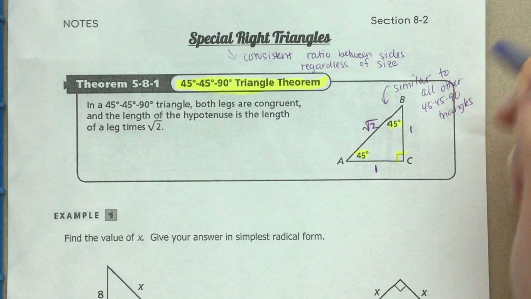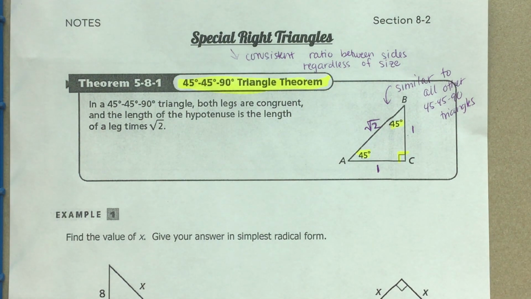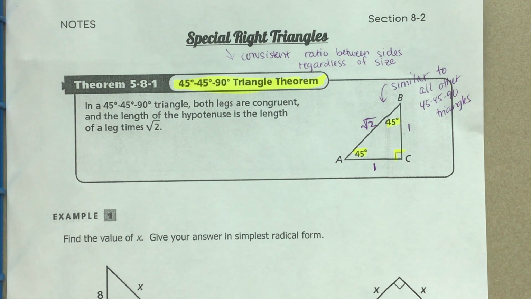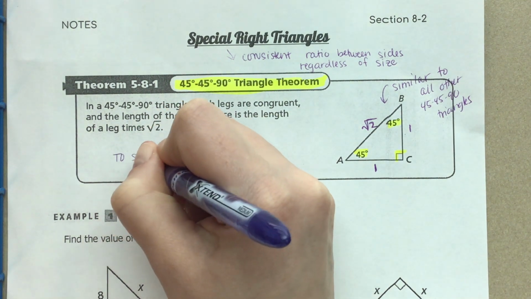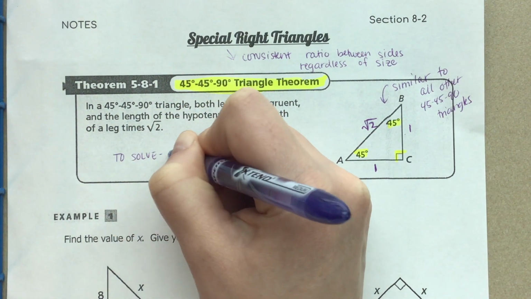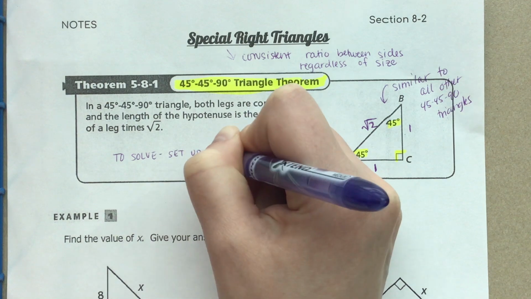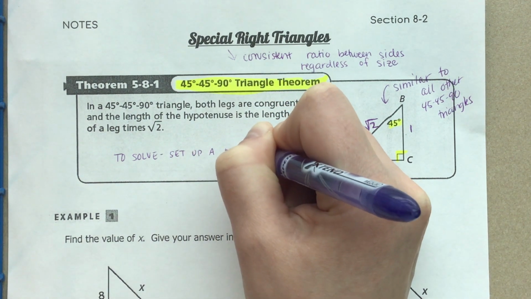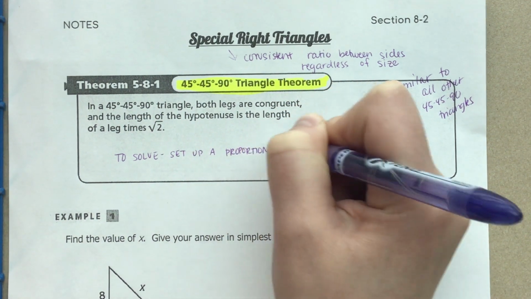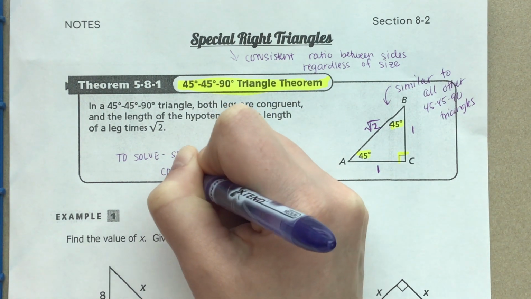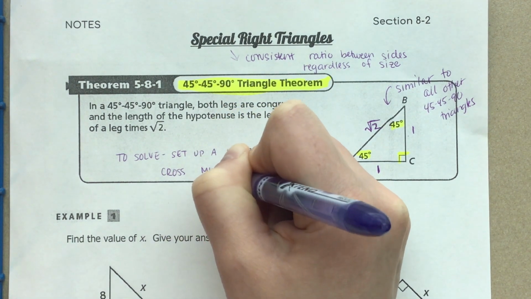Now, hopefully you're remembering from chapter 7, if something is similar to something else, then we can set up a proportion, cross multiply. So that's how we're going to solve these. To solve, set up a proportion and cross multiply.